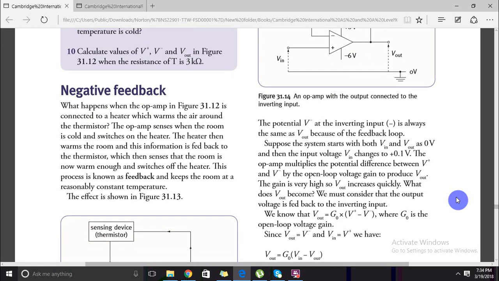Because the gain is very high, G naught being like 10 to the power 5, the value of Vout increases rapidly. You can write that: due to G naught being so high, Vout rises rapidly.